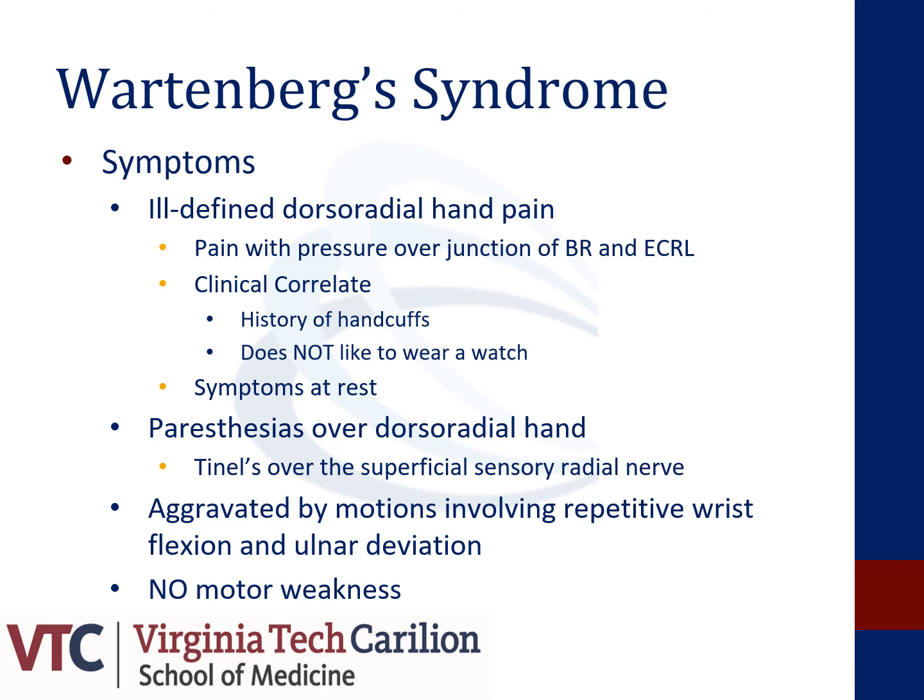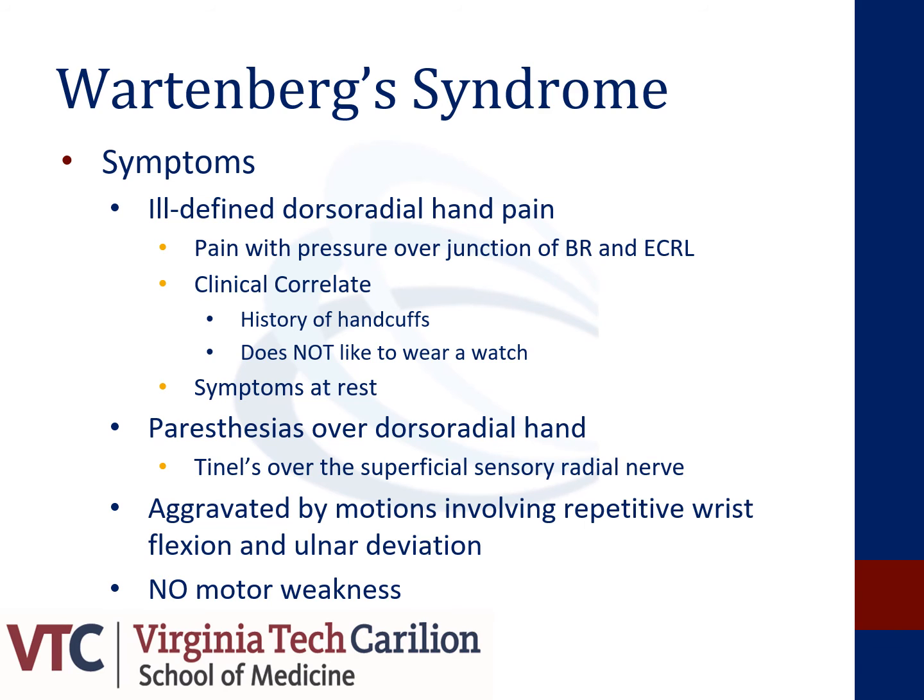Along with this discomfort, they will note paresthesias overlying the dorsal and radial aspect of the hand, and there will be a Tinel's sign associated with the superficial sensory radial nerve. Their symptoms are aggravated by motions involving repetitive wrist flexion and ulnar deviation or forearm pronation.